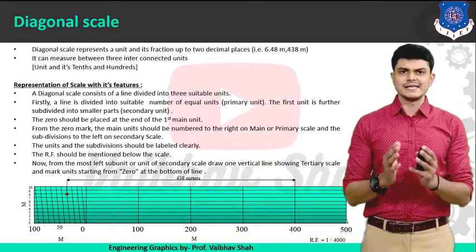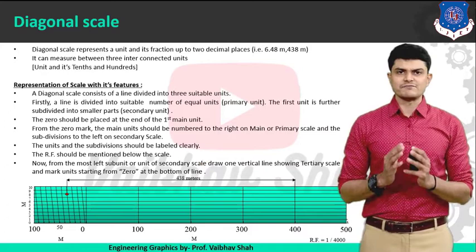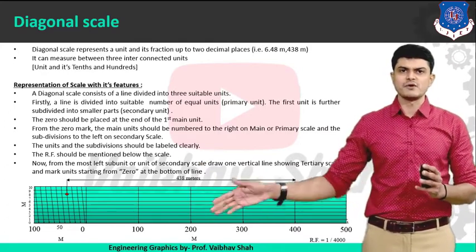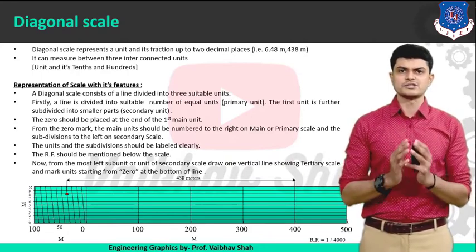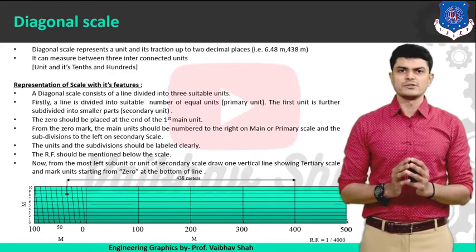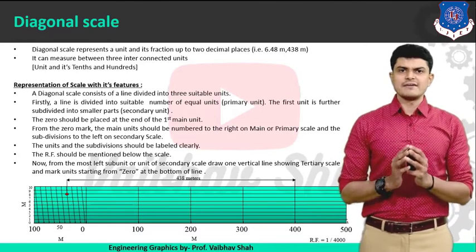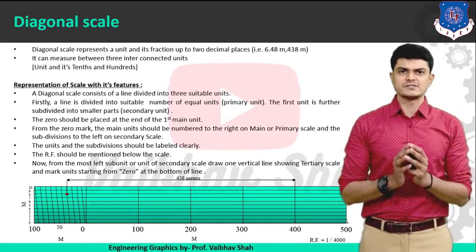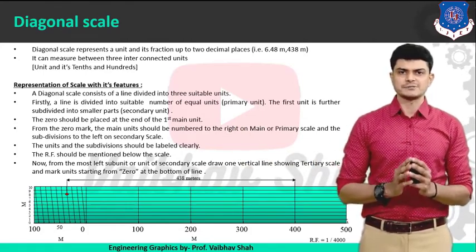After that, you should select the last subdivision of that division on the horizontal line, and from that last subdivision on the vertical line, you should divide that vertical line into one new scale, also known as your tertiary scale. You should divide your tertiary scale depending on your tertiary unit. Here, our tertiary unit is also in meters. That's why I have divided this vertical tertiary scale also into 10 equal parts.